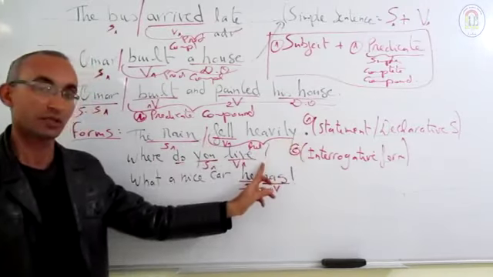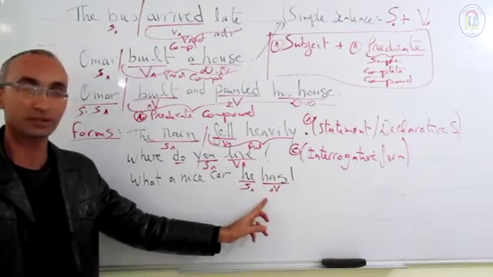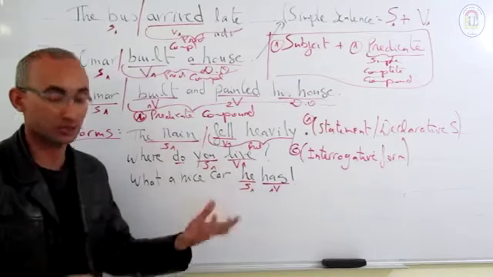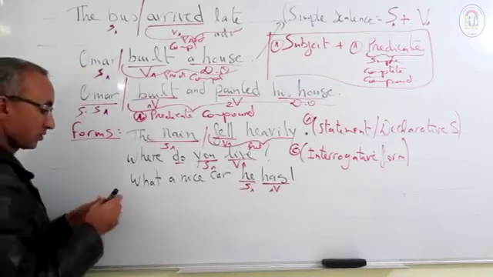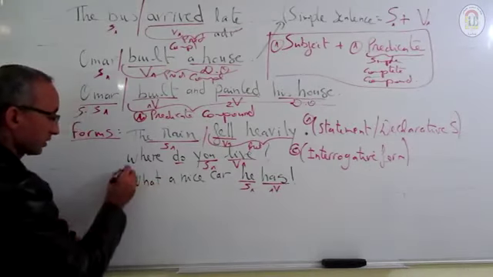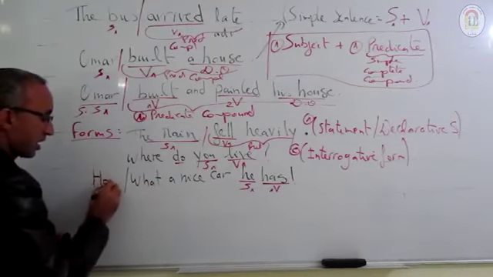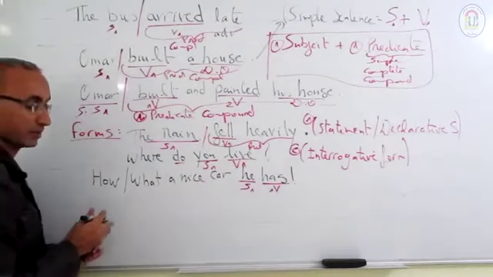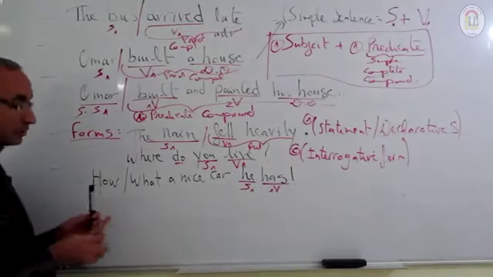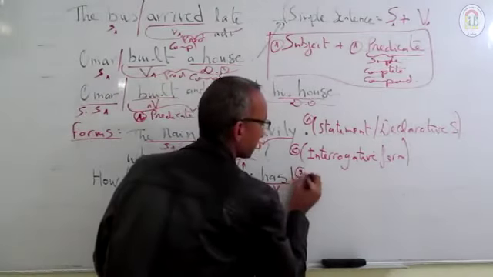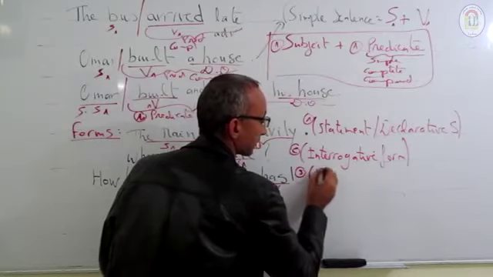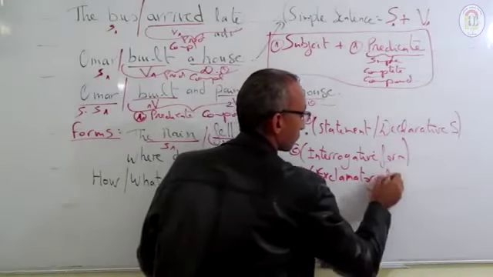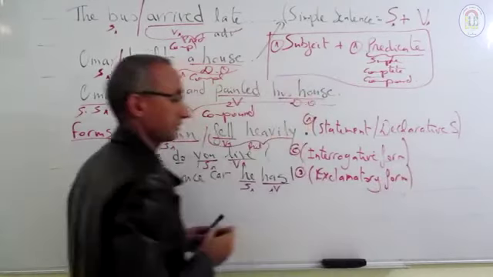Statement, interrogative, and this one is called the exclamatory sentence, which usually starts with what, or sometimes we use how. How intelligent he is. So here, number three, is called the exclamatory form of the English sentence.